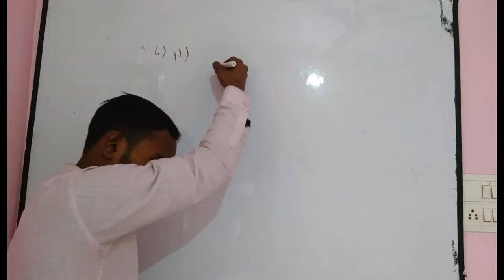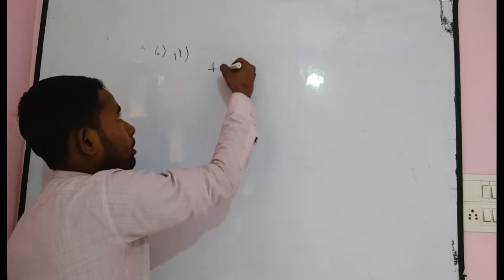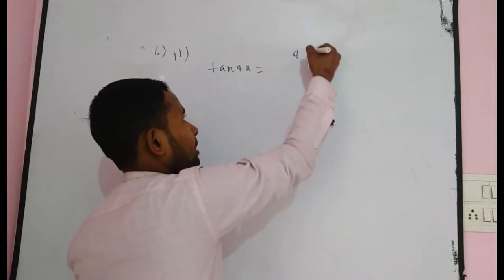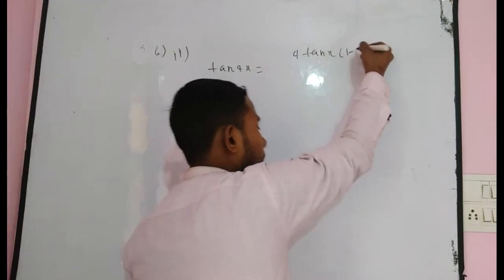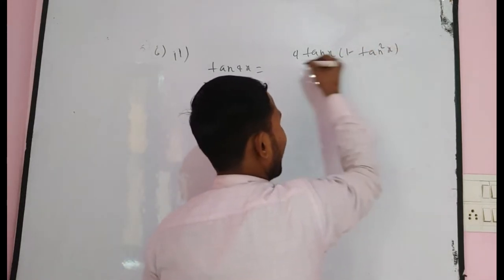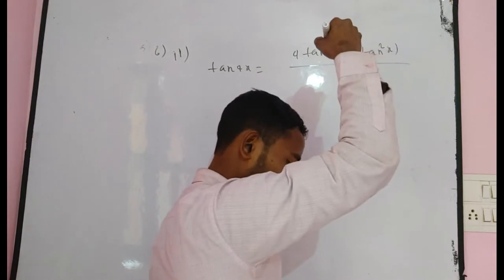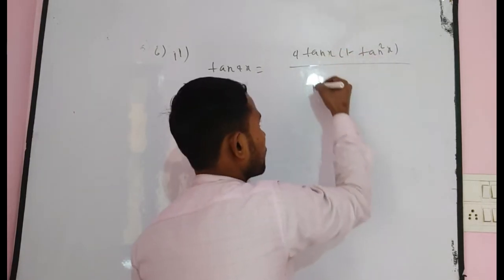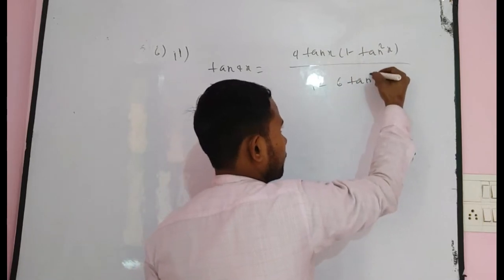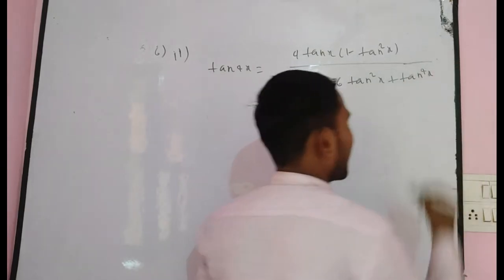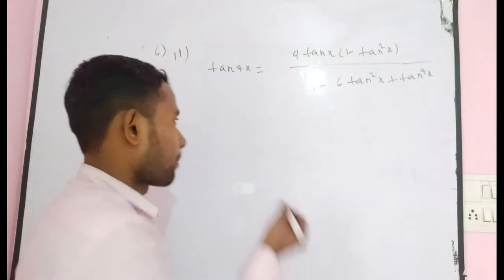You have to show that tan 4x is equal to 4 tan x into 1 minus tan square x divided by 1 minus 6 tan square x plus tan power 4x. Now, how can you solve this problem?